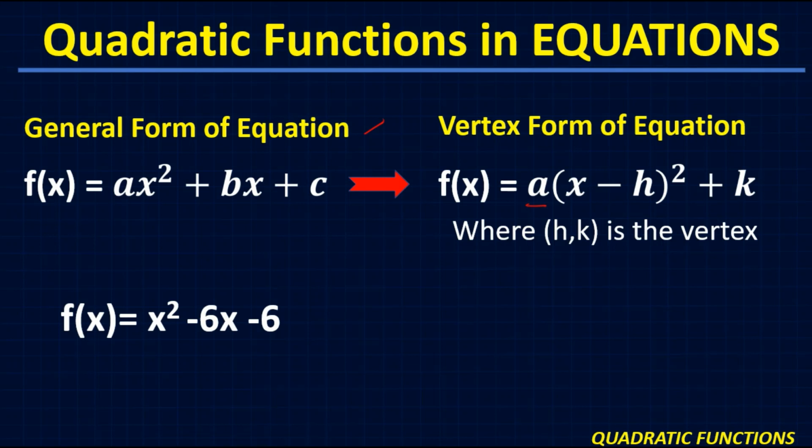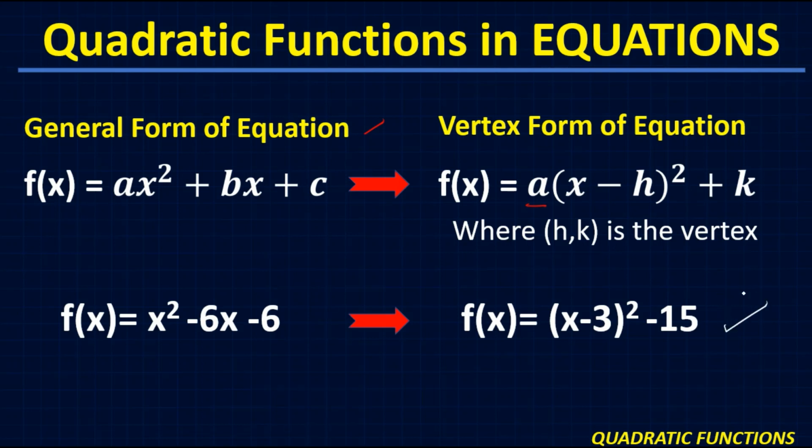For example, we have this function f of x is equal to x squared minus 6x minus 6, and we are going to transform it into vertex form. And then we will have f of x is equal to x minus 3 squared minus 15. In here, the vertex is present. We have 3 and negative 15.